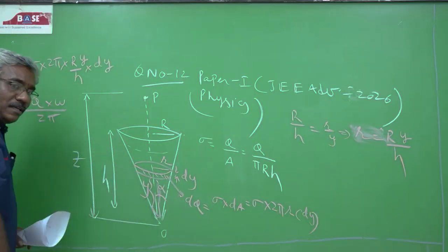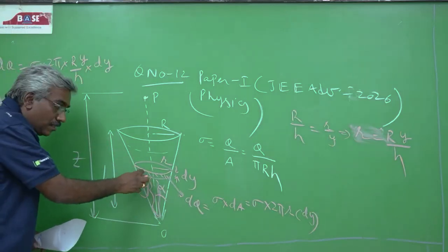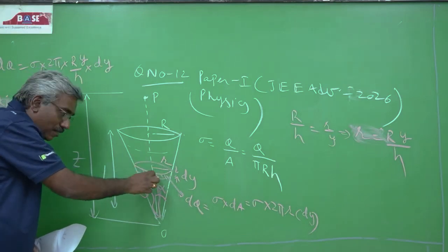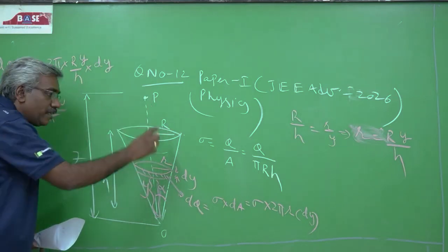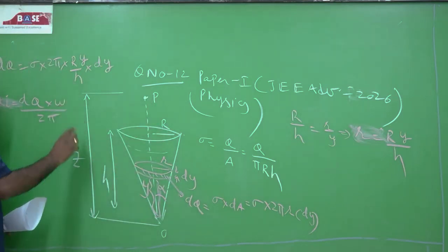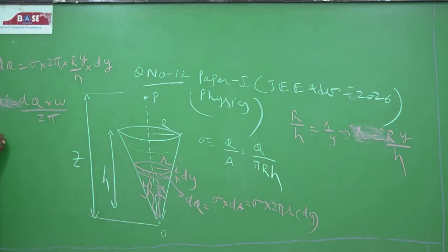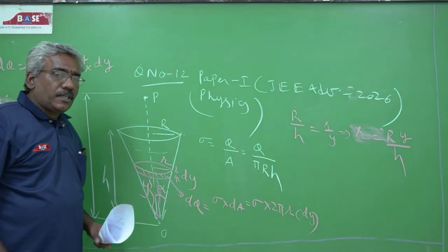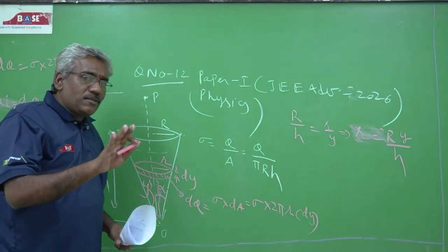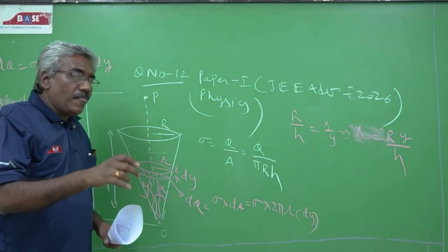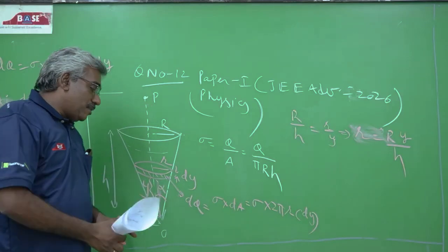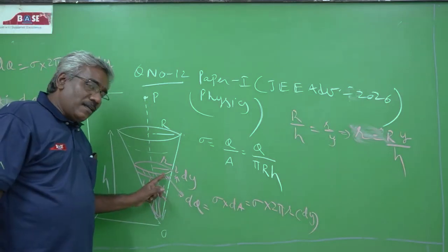Now due to this di, as if this is a current carrying circular coil, this elementary ring produces a magnetic field here at Z. So the magnetic field dB is mu naught into N i r square by 2 into r square plus x square whole power 3 by 2, the general formula. In place of N number of turns, this is not a circular coil, so N has to be 1.